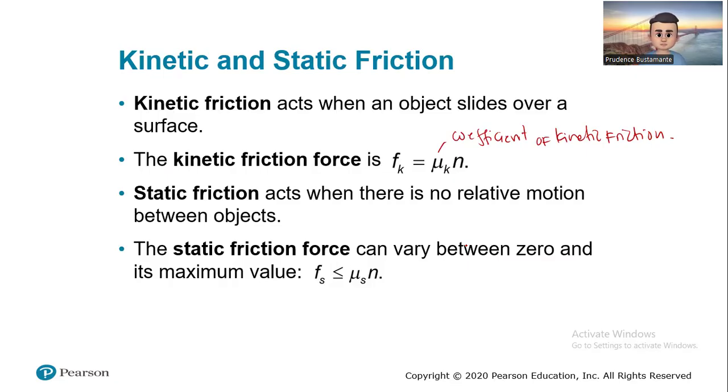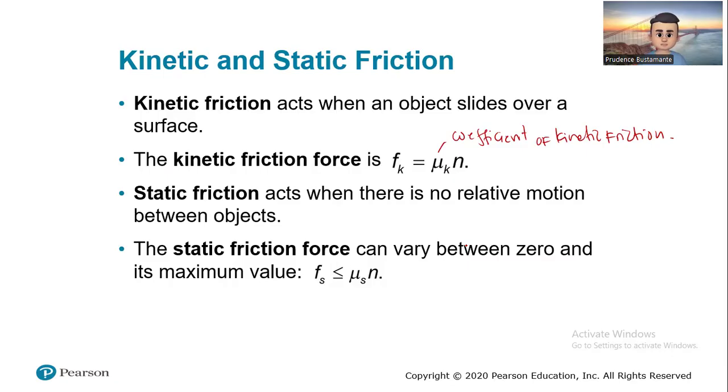From the word static, which is relatively no motion: when you push an object and it doesn't move, but you already applied a force on it, it remains at rest. So even though it's not moving, there's already a friction as long as you apply the force on it. The friction is called the static friction force.